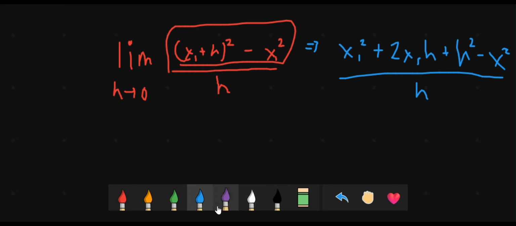It's a crucial detail to remember that we're adding an x1 squared and subtracting an x1 squared, so we can just cancel those out.